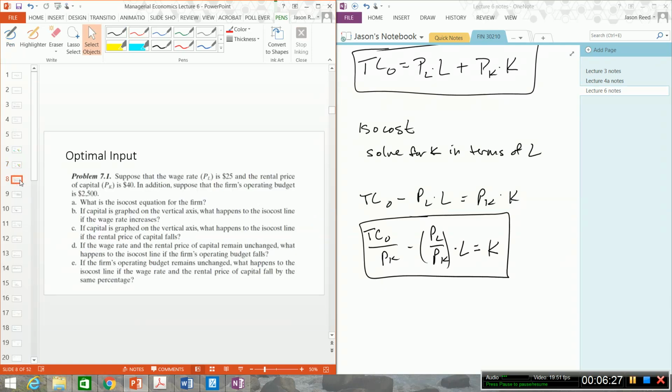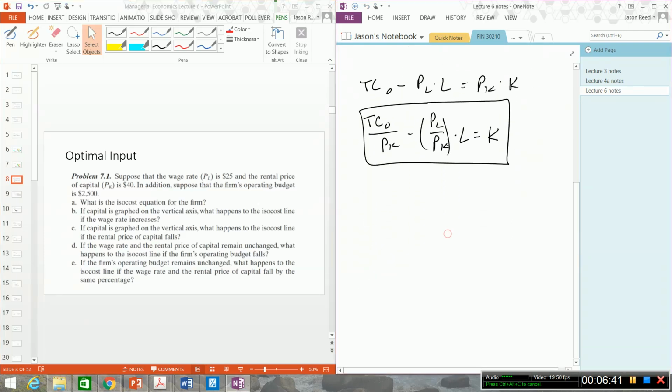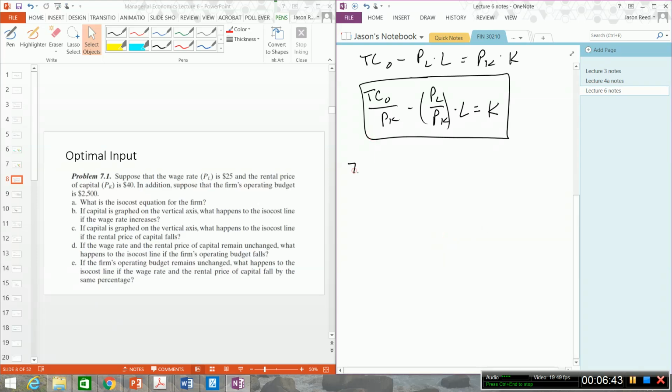So let's go through a little bit of a problem here. Suppose that the wage rate P sub L is $25 and the rental price of capital P sub K is $40. In addition, suppose that the firm's operating budget is $2,500. So if we're looking at problem 7.1, we can start to record what we believe our isocost line is going to be.